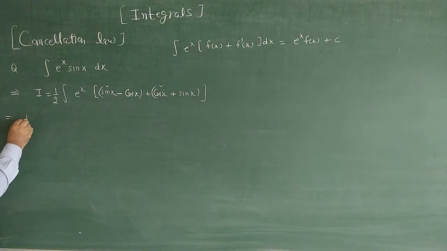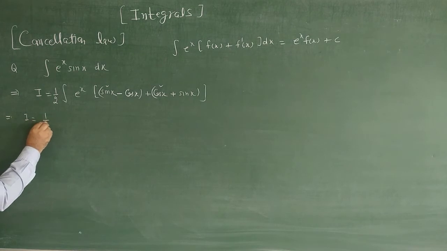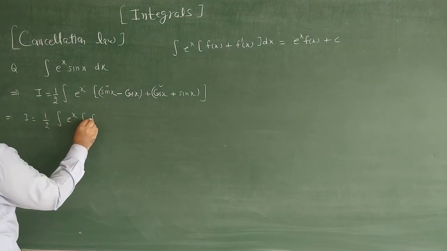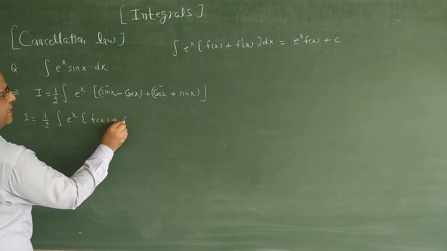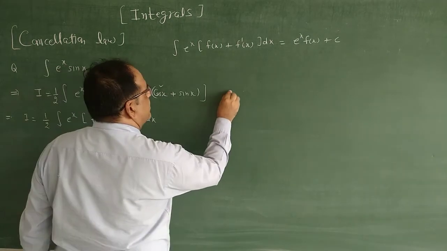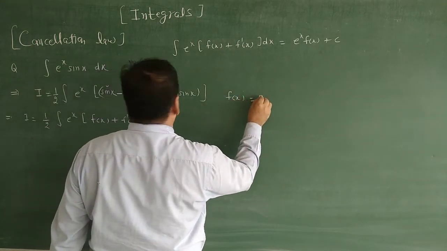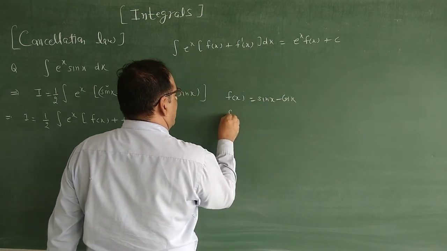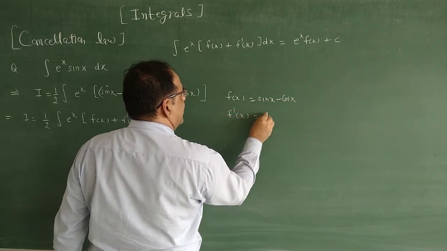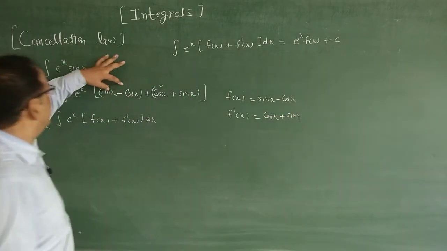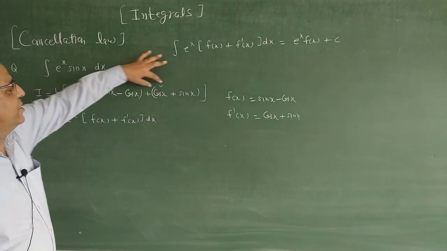Now I equals 1 upon 2 times the integral of e to the power x times f x plus f dash x dx. Why? Because f x we select here as sin x minus cos x, and the differential of f x, f dash x, is cos x plus sin x. So this becomes f x, and this is f dash x.